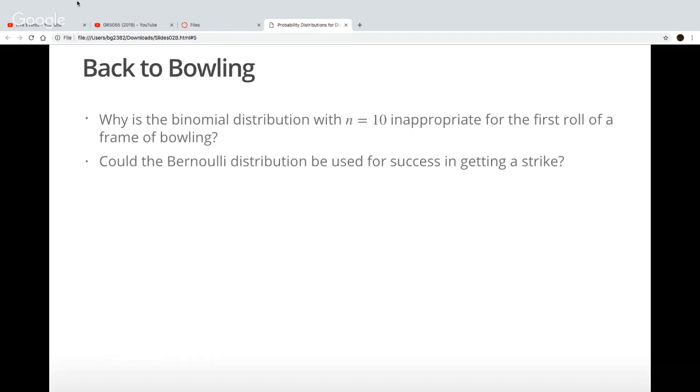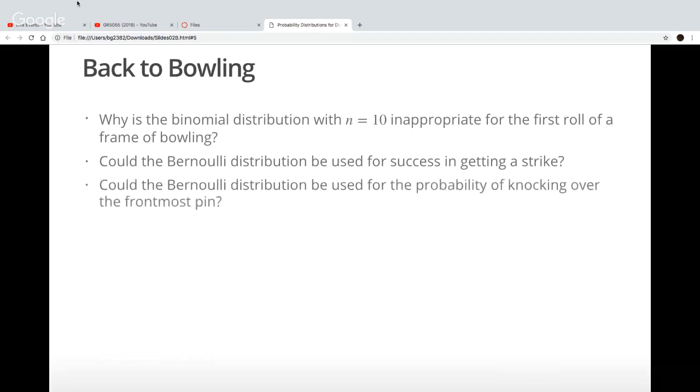What do we think about that? Right. So we're sort of changing the event from single pins to all 10 pins collectively. And then, yeah, maybe you might have to make the success probability a function of the ability of a bowler or something like that, but you could do something along those lines.